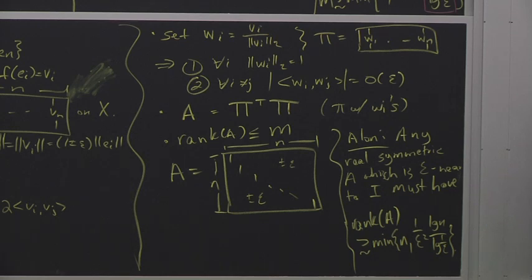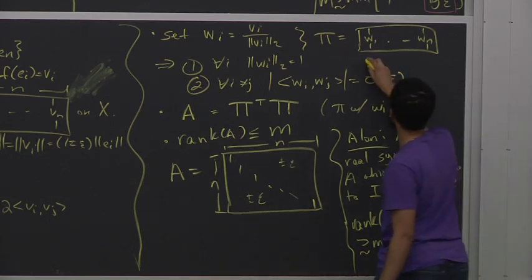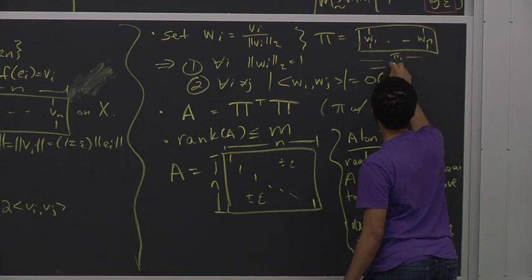In general, whenever you have A transpose B, it's equal to the sum over i of Ai Bi transpose, where A looks something like rows A1, A2, etc., and B looks like B1, B2, etc. So let's call these rows pi 1 up to pi m.